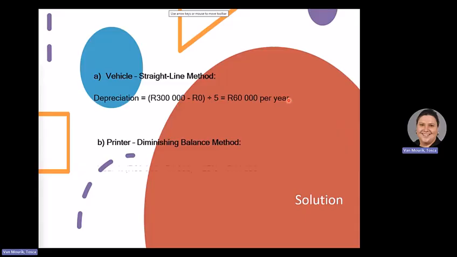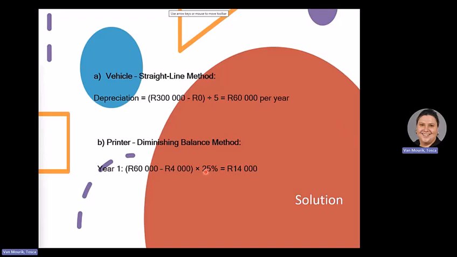Printer, not so easy. Let's look at it. Let me start from the first. As I already said, year 1 will be the 2024 financial year end. So this is a calculation just to assist us to come to the depreciation that we have to calculate in 2025. So there's my cost price minus my 4,000, which is my residual value, times 25% or divide by 4.